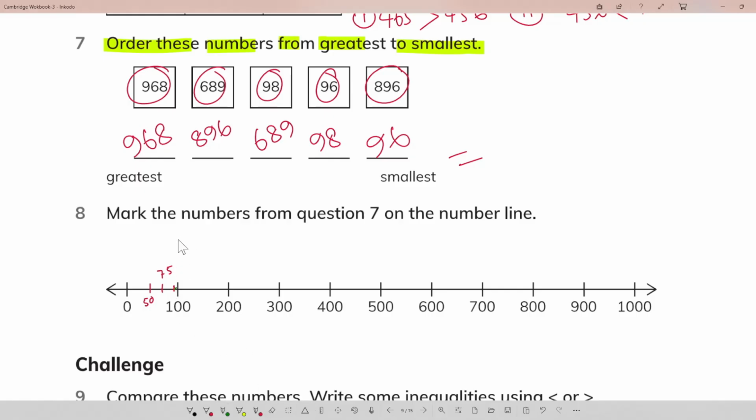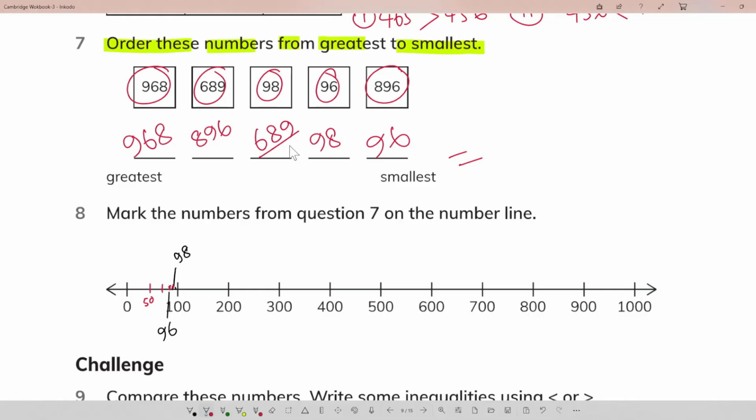So if you want, we can mark like this: first one is 99, 98 and 96. So this one is 96 and here is 98. So it's almost near about 100.